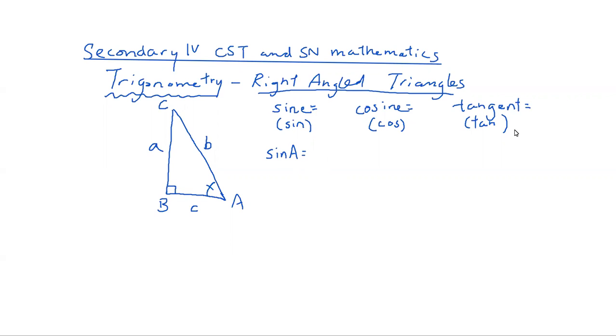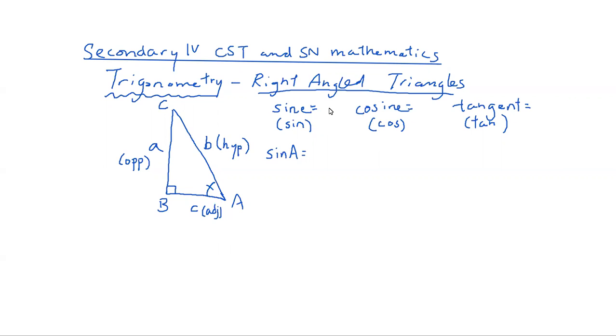I'm going to label every side relative to A. So if A was the angle I was interested in, I would essentially be calling side A the opposite side from angle A. I would be calling the side next to A the side adjacent to A. And last but not least, the longest side, and this never changes, we're going to call it the hypotenuse.